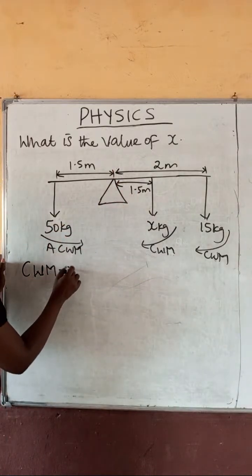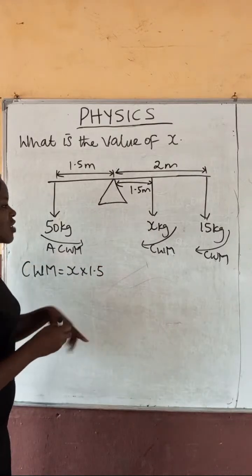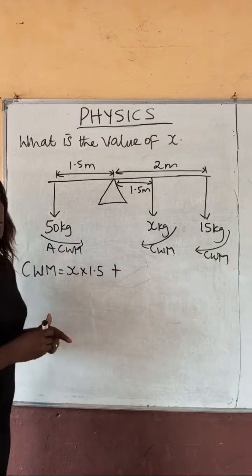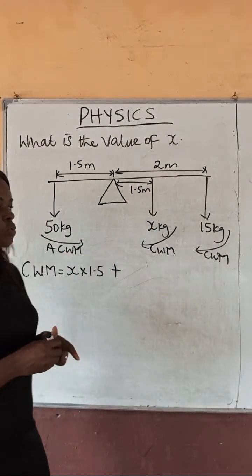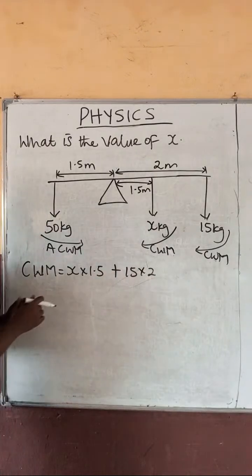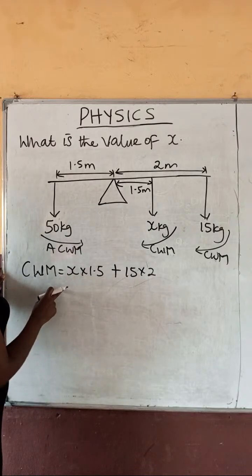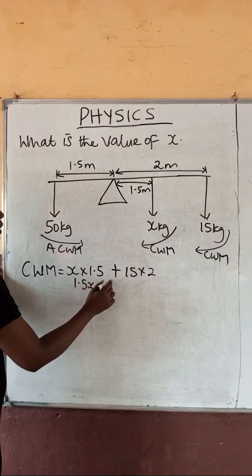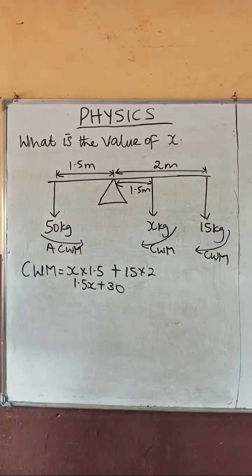So that is X times 1.5, right? That is not the only clockwise moment that we have. We now add it together. Plus the second clockwise moment is 15 multiplied by the distance from here to here, which is 2. So I will say plus 15 times 2. Do we understand? Going by that, this is going to give me 1.5x plus 30. Is that okay? All right.